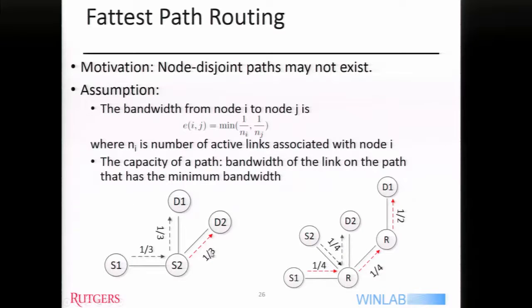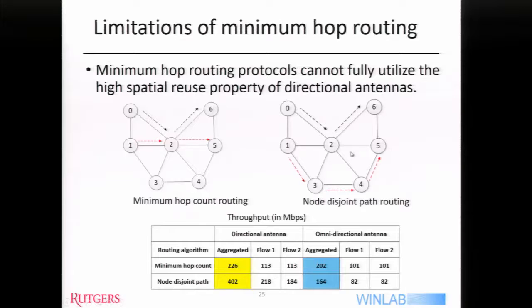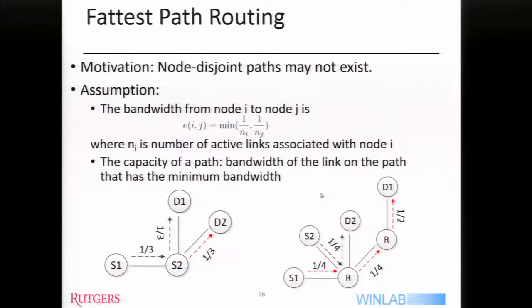But the problem is that node disjoint paths may not exist if there are too many flows in the network. So we want to find something called the fattest path routing, also mentioned as widest capacity routing. We first make some assumptions about the bandwidth of each link.